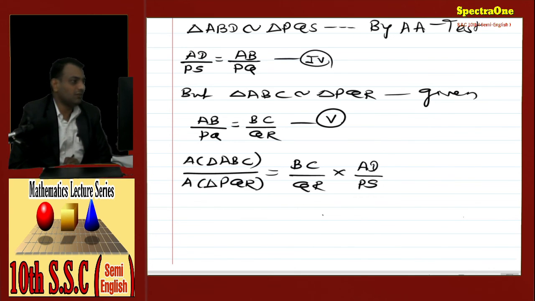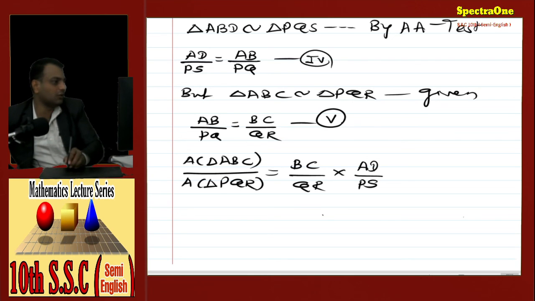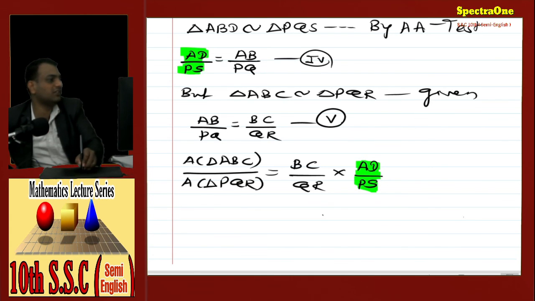But from equation 4, AD upon PS equal to AB upon PQ, and AB upon PQ is equal to BC upon QR.